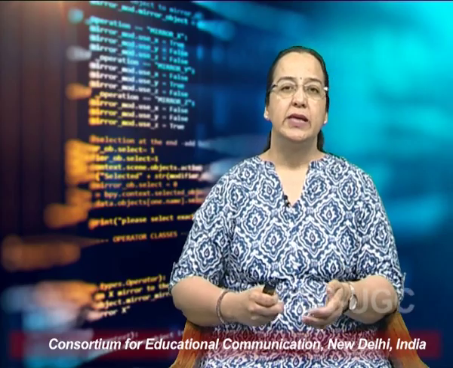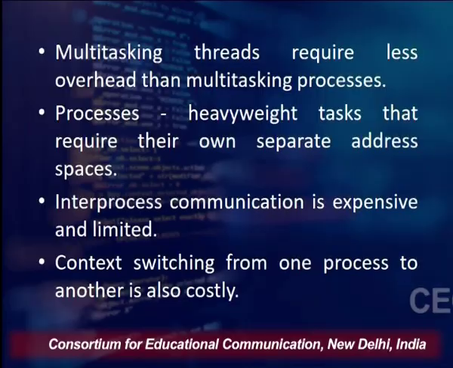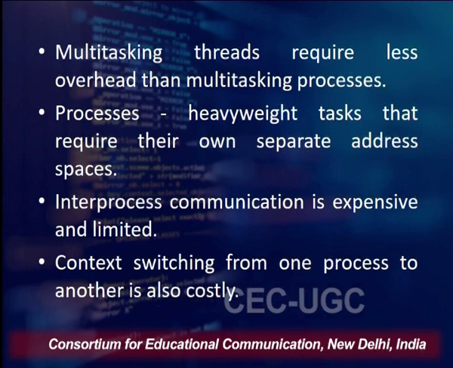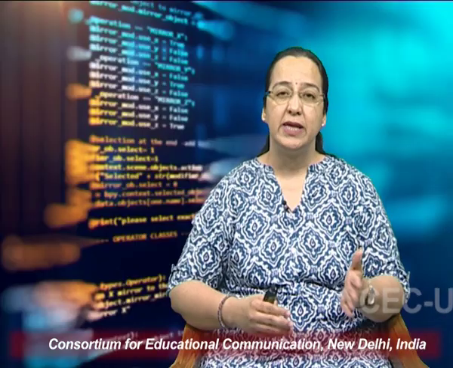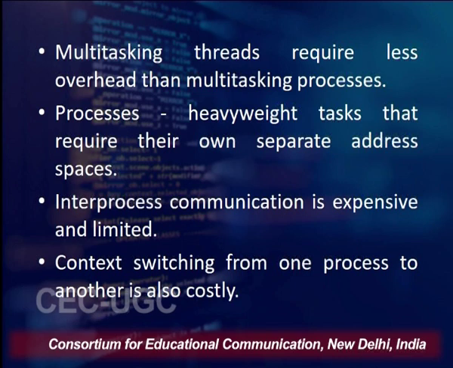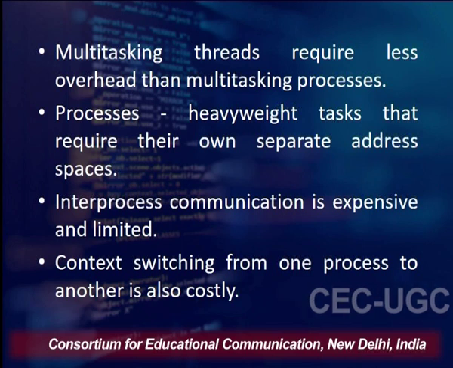Now, multitasking of threads requires less overhead than multitasking of processes, for very obvious reasons, as I have told you, that processes are heavyweight tasks. They have their own separate address spaces.